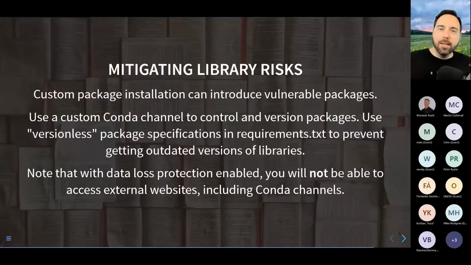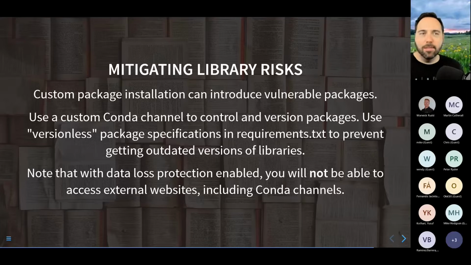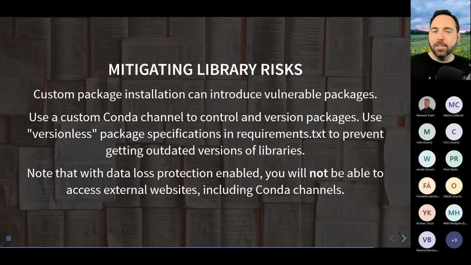That said, custom libraries are a great way to introduce security vulnerabilities. Packages change a lot. There are security vulnerabilities in older versions of packages. And if you access your packages from a public resource, there is always the chance that you'll have something that is exploitable that you've installed on your Spark cluster.